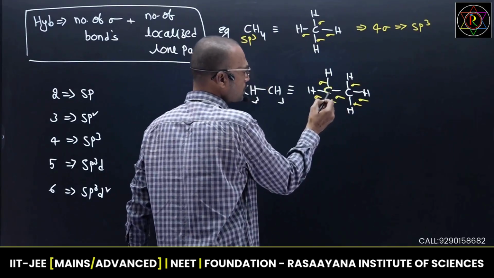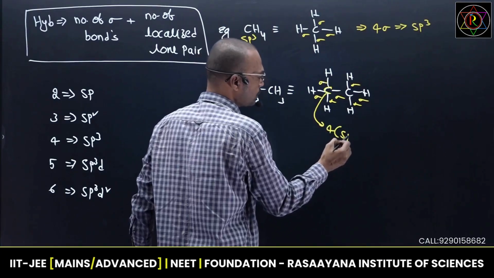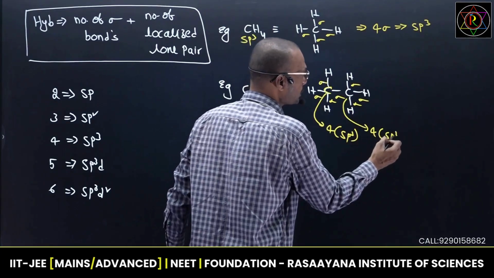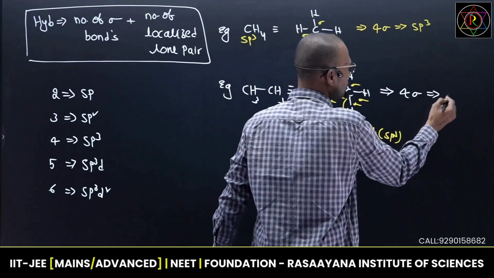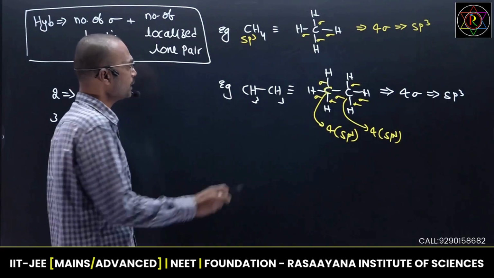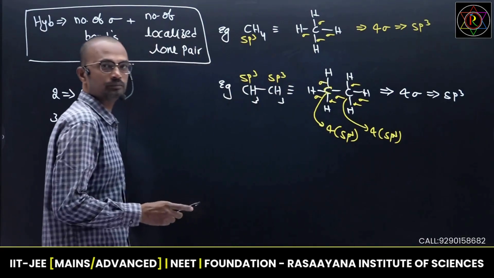If you concentrate, this carbon has 1, 2, 3, 4. So 4 sigmas are there, sp3 hybridization. Same for this carbon, also 4 sigmas, sp3 hybridization. So I can say simply 4 sigma, both carbons bearing sp3. This carbon is sp3 and the right side carbon is also sp3.